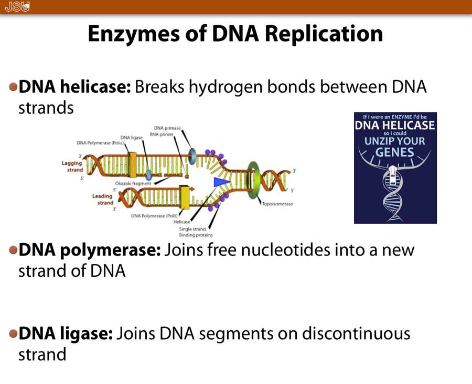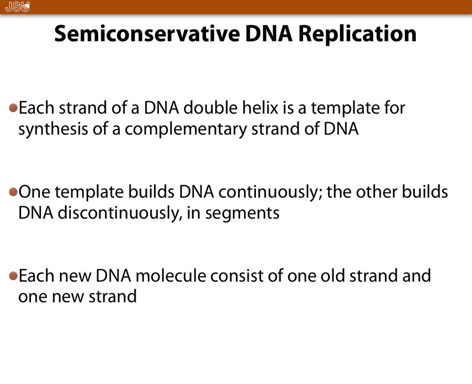It has to continuously make short stretches, stop, loop back. Make a short stretch, stop, loop back. It's discontinuous. Okay, what's the take home? Take home is this. One template builds continuously, the other one discontinuously. Okay. And then the third point is kind of goes with the first point.